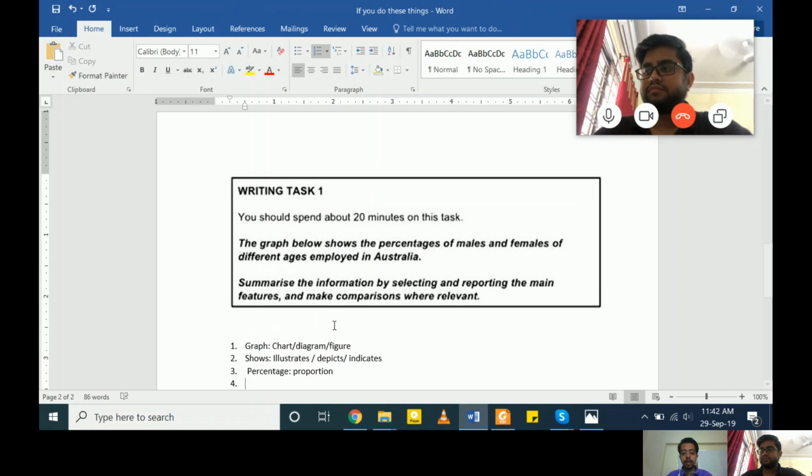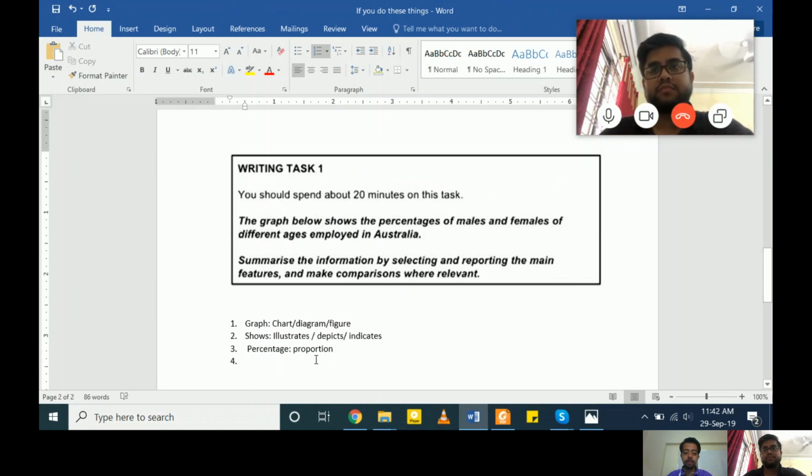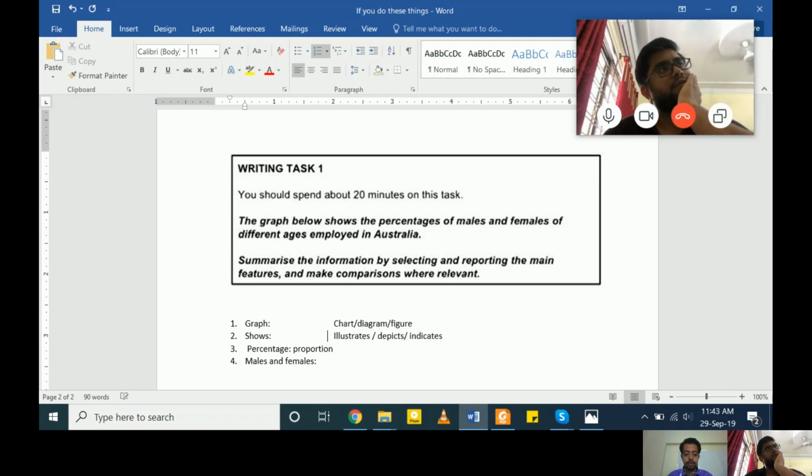Moving toward the next, the percentages of males and females. Now, males and females. Here we go. What you can write instead of both these words, males and females? Go ahead. You can also write boys and girls, like in general.